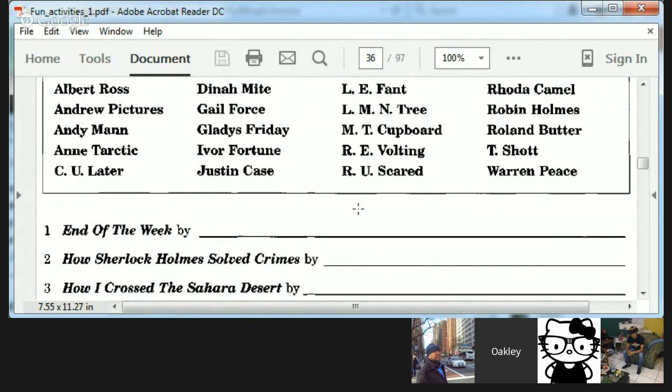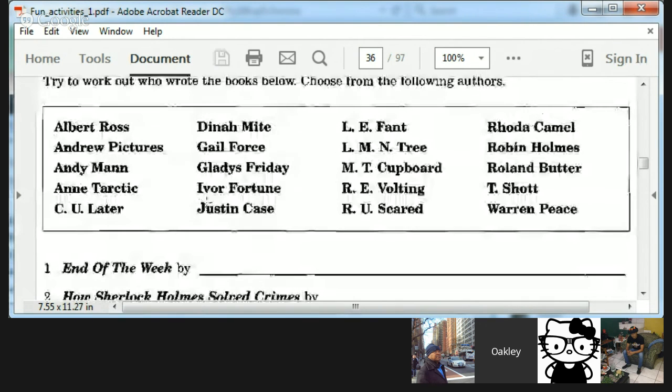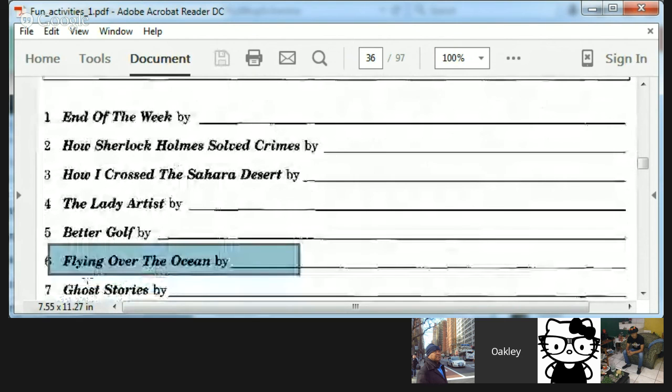Philip. Flying over the ocean by... Oh, this is a hard one. This is a really hard one. When I was preparing for the class, this one took me like ten minutes to figure out. Quite honestly, this is a hard one. No, I don't know. Anybody? This is really hard. I will read the sentence again.